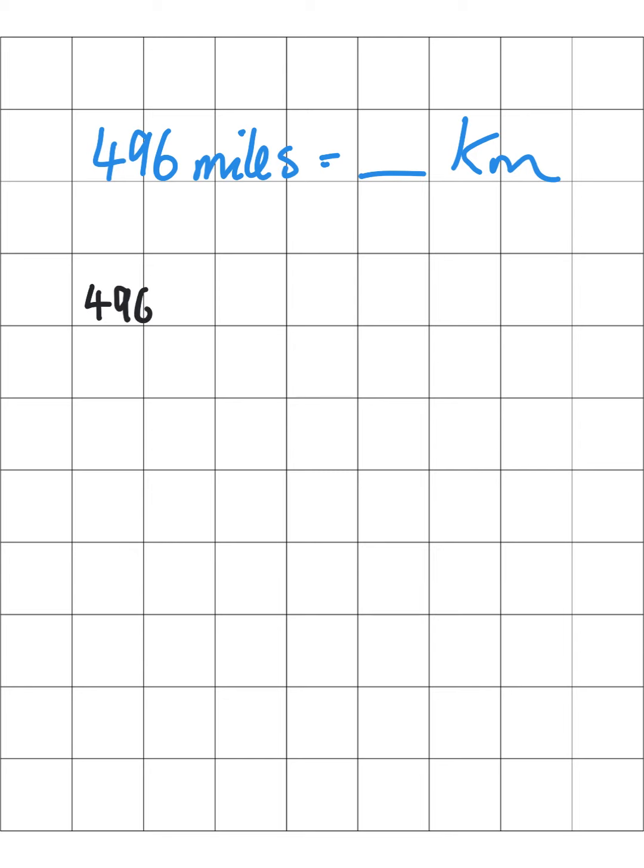So let's go for 496 miles. And we want to know what that is in kilometers. So we get our 496 and we multiply it by 1 first of all. Now what I want you to think about when you're laying these out is if we've got a 3-digit number, we're going to need 3 digits there, so a space for 3 digits there.